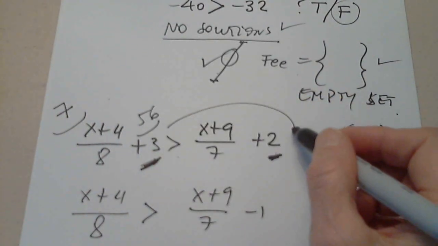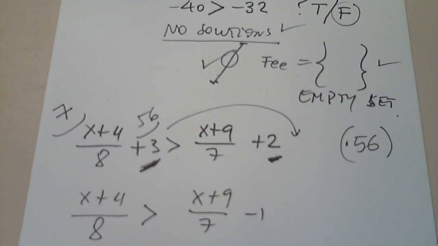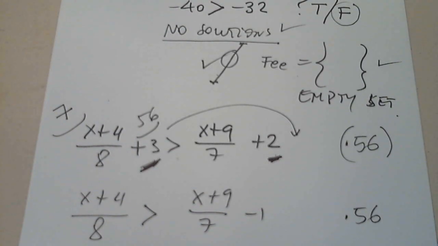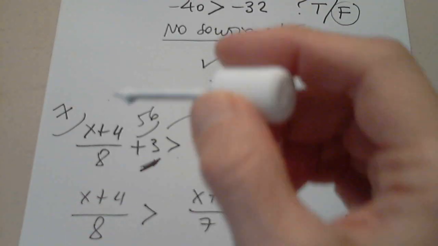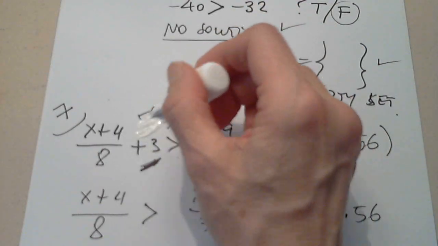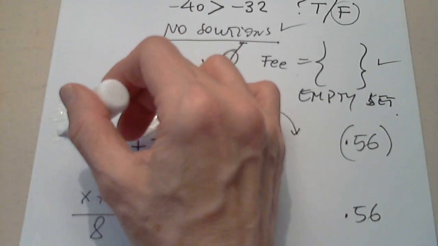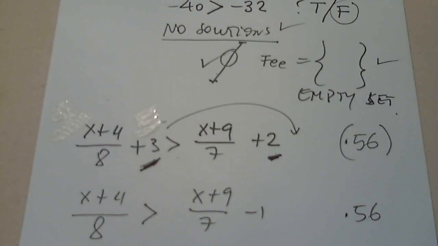I moved 3 to the other side first. And now I will multiply by 56. So let me delete it from here. It's not a mistake, but it's easier to multiply negative 1 by 56 than multiply 3 and 2 by 56. Because they are integers and I can combine them easily.